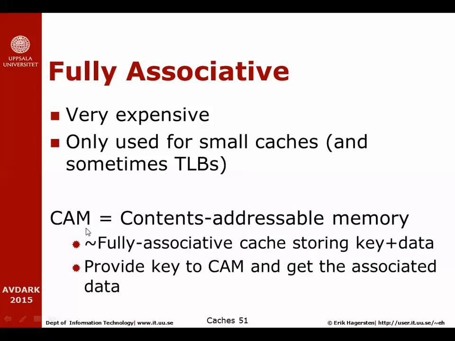It's also used as a content addressable memory. So the content addressable memory is sort of like a fully associative cache, where you can store both key and data. And this is often used, for example, in routers and so on, because you can do an associative lookup and you can get the routing function right away from these kinds of caches.